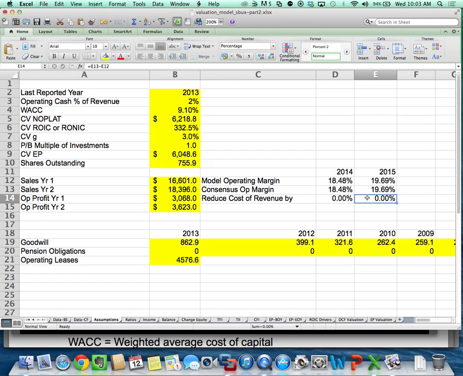So I've now matched the operating margins for Starbucks.